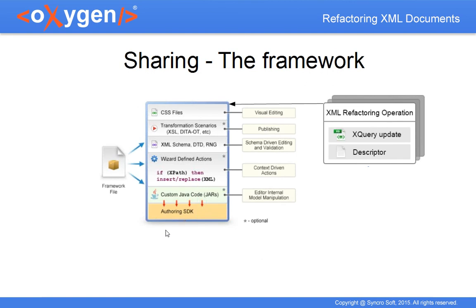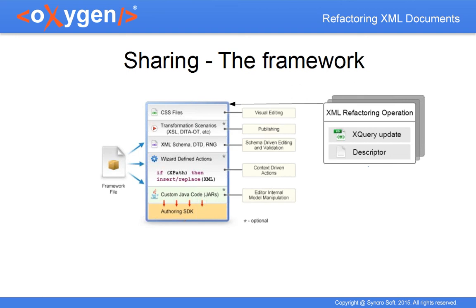There are other ways to share the operations. oXygen has this concept of a framework, which basically represents a configuration file together with necessary resources like CSS files or schemas and so on. Basically, it bundles all that is needed to offer special support for an XML vocabulary.